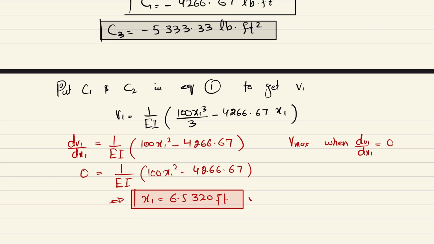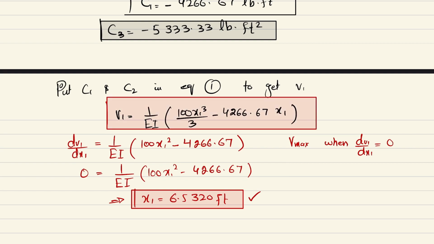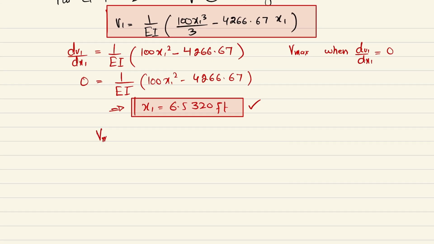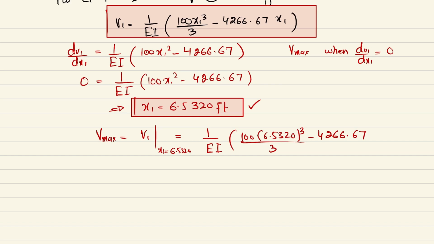So we have to put this value in this equation to get the maximum deflection. So V max is equal to V1 at x1 is equal to 6.5320, that is equal to 1 over EI into 100 into 6.5320 cube divided by 3 minus 4266.67 into 6.5320.